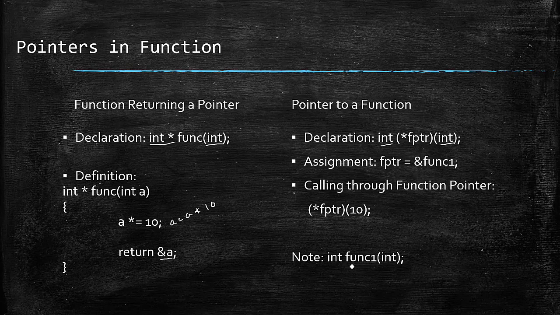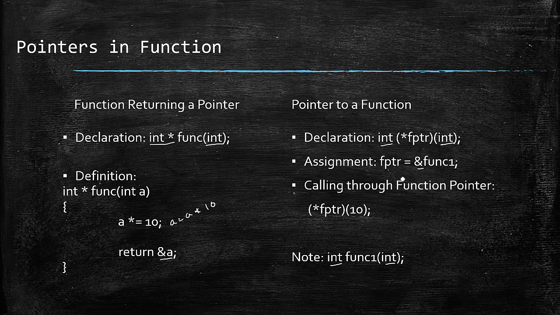It takes an input argument of integer and returns an integer. The declaration of fancy1 is matching with the declaration of the APTR pointer, so APTR can hold the address of this function. And how can we assign the address of a function to a pointer? Obviously using the address of operator followed by the function name, and it will be assigned to the function pointer.